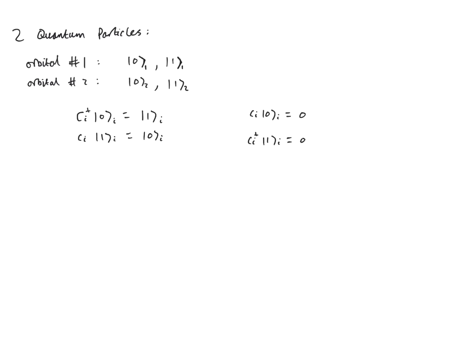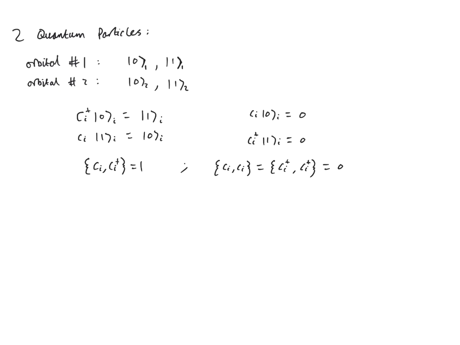The anti-commutation relations of these Ci and Ci dagger operators are just those that we've been discussing, namely that the anti-commutator of Ci with Ci dagger is equal to 1, whereas the anti-commutators of Ci with Ci and Ci dagger with Ci dagger are equal to 0.